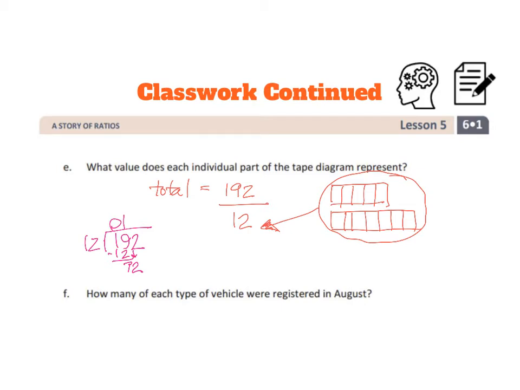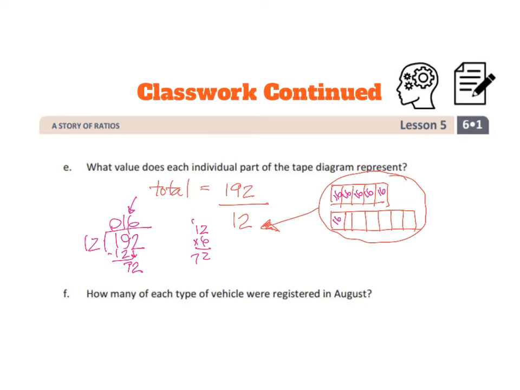I know that 5 times 12 is 60. So 12 times 6, I think, is my 72. So look at that. What that's telling me is that each one of these is a value of 16, and I just keep writing that into every little one, so I have 12 times 16 gives me 192.